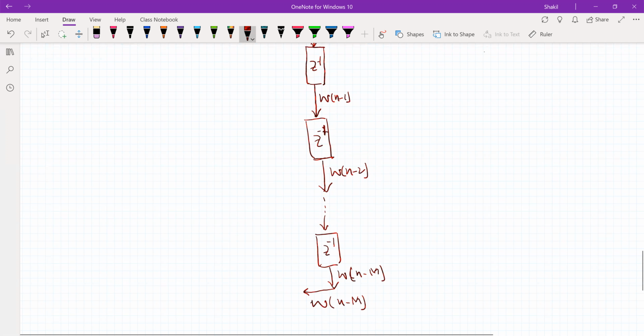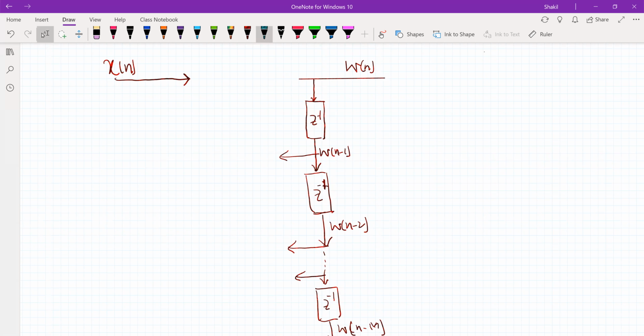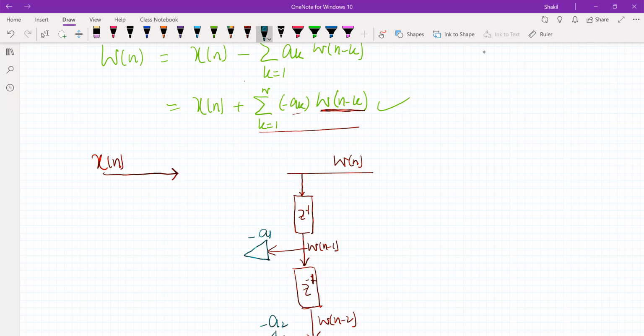Then we'll pass these through multipliers, and the multiplier coefficients are minus a1, minus a2. Why minus a1, minus a2? Because of this term.